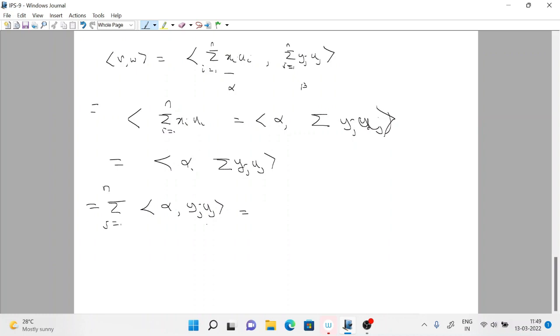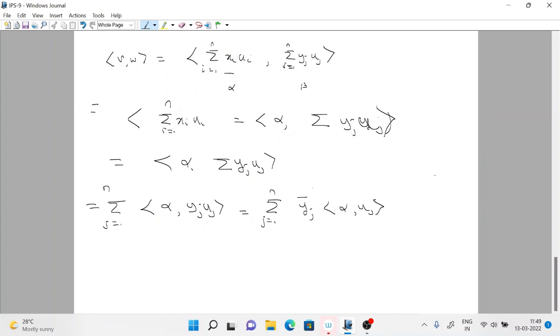Okay, but remember, the yj comes out. How does it come out? It comes out as yj bar, or as yj, j equal to 1 to n, times alpha with uj.